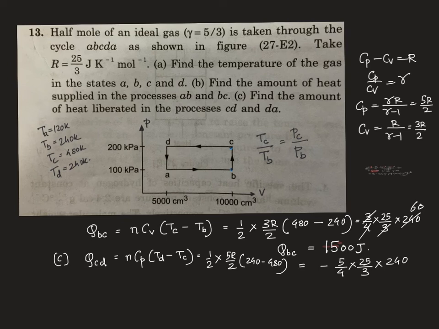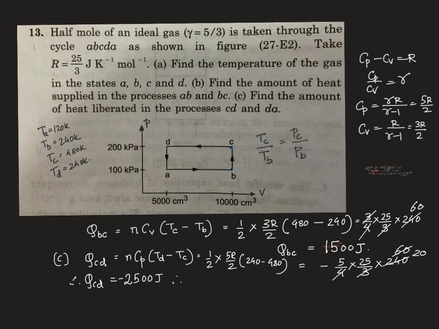Therefore QCD comes out to be minus 2500 joule.